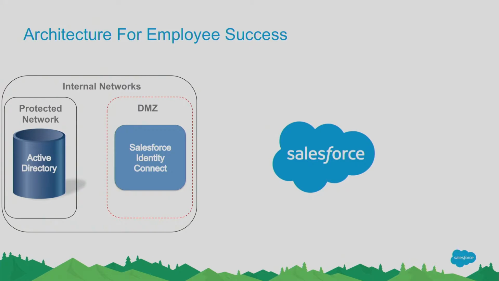The first thing that we need to do here is we need to open a connection between Identity Connect and AD. And it connects using a standard protocol, LDAP or LDAP-S. So now Identity Connect can see the users that exist in your directory as well as their group memberships, and can also log users in based on the users that you have in the directory.